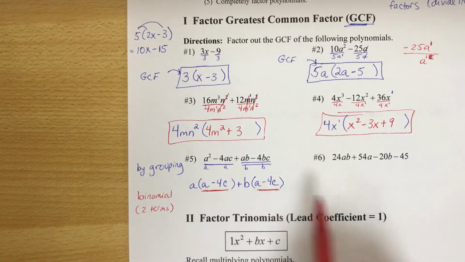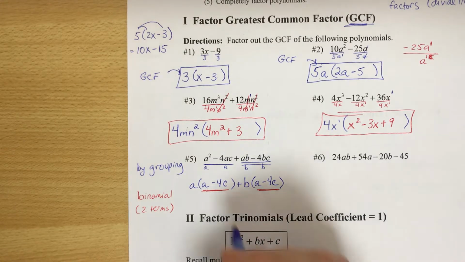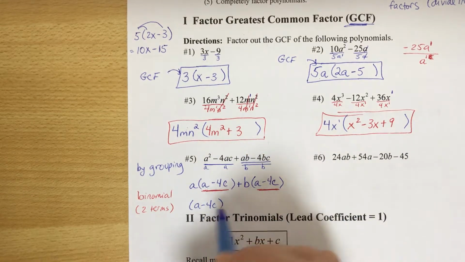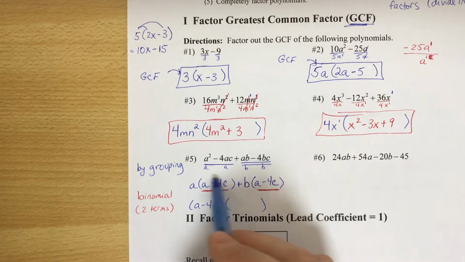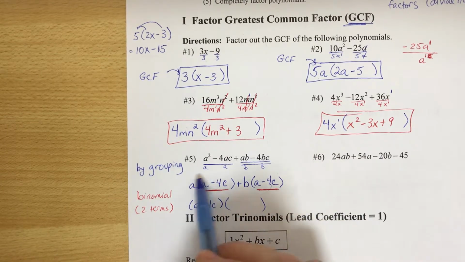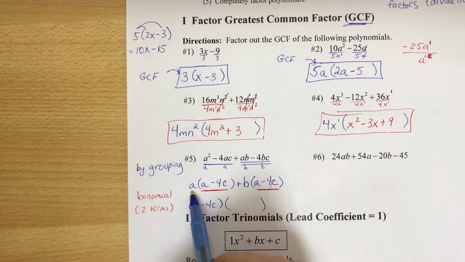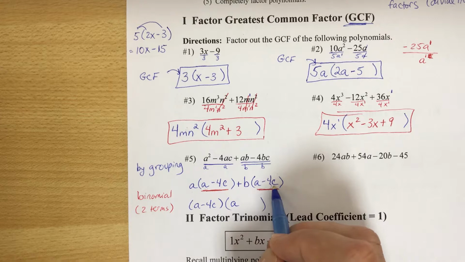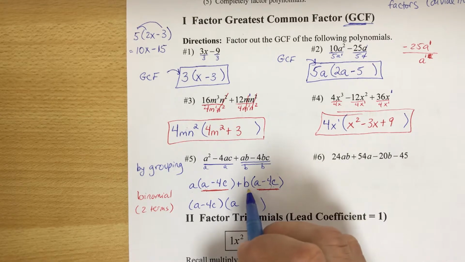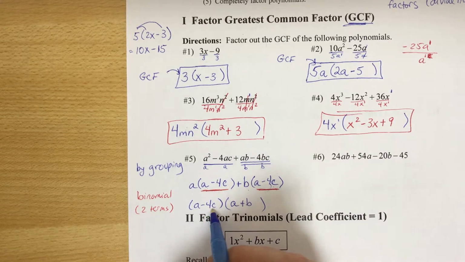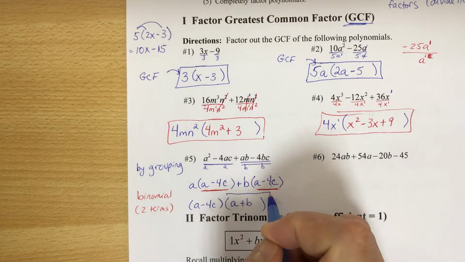It's a minus 4c. So we will pull that out. If I take that out, what would be left in this expression? It would just be a. And if I factor out a minus 4c in this expression, what's left is b. So we end up with a minus 4c times a plus b.